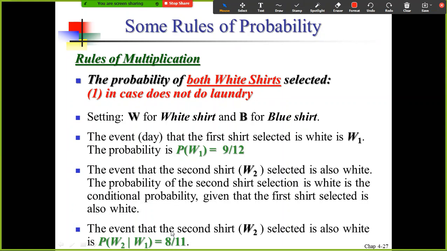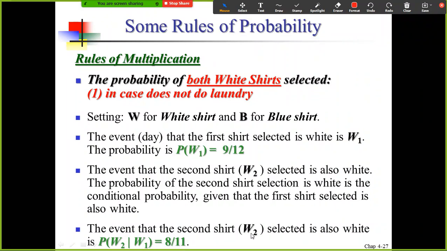Why is it 8/11? Because in the closet there are 9 white shirts, and the first day he takes 1. If he takes 1, how many are left? 8. And the total on the first day is 12. If we take 1 off, how many are left in the closet? Only 11.